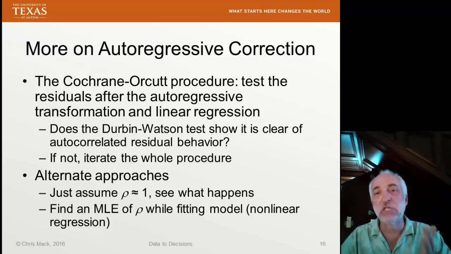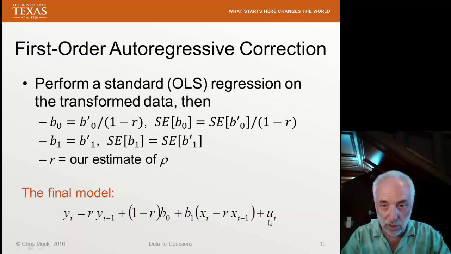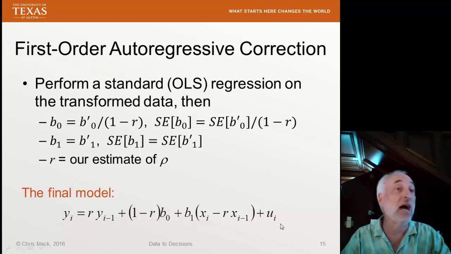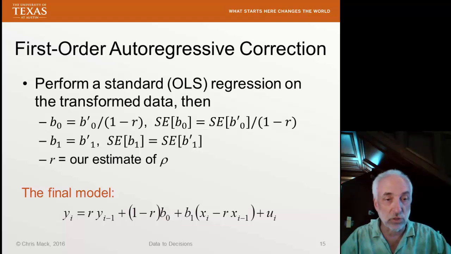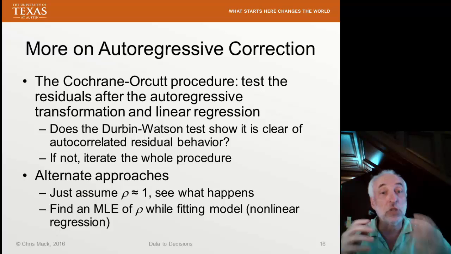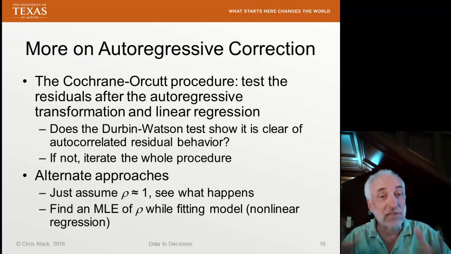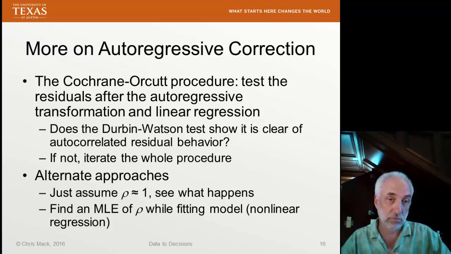So, new residuals of our model. These residuals, we hope, we're assuming, are identically distributed, independent, normally distributed residuals. Let's test that. We do the Durbin-Watson test again on the new residuals to make sure that it does not reject the null hypothesis that rho is 0.